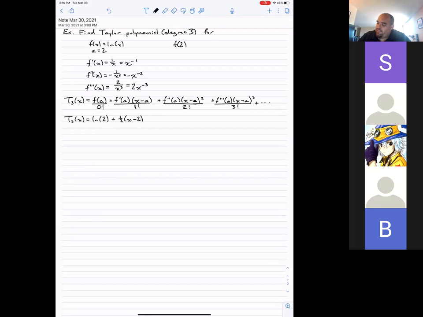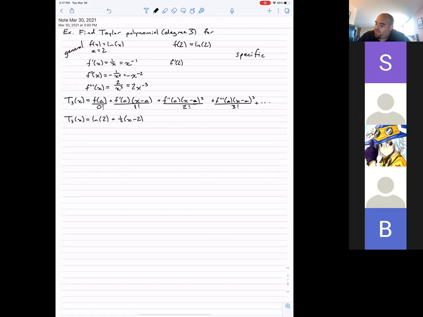On the left here, these are all general. And over here, the general function and the derivatives, you need them. But really what you need to complete this Taylor polynomial is all these specific evaluations of it.